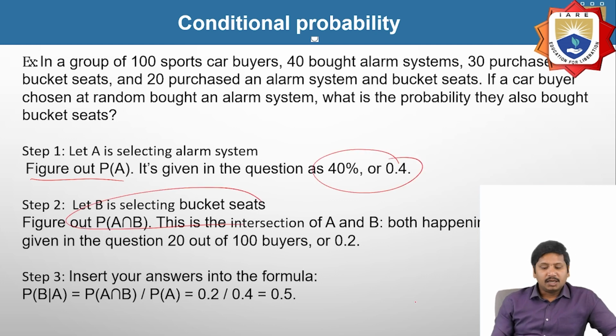B is selecting the bucket seats. Then we figure out the probability of A intersection B and substitute the values in the equation: P of B given A equals P of A intersection B divided by P of A. That is 0.2 divided by 0.4, which is 0.5.